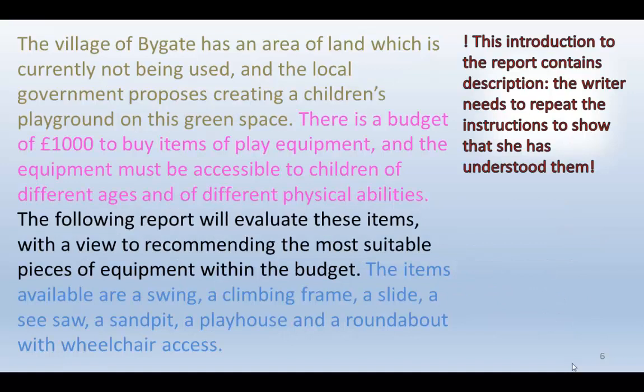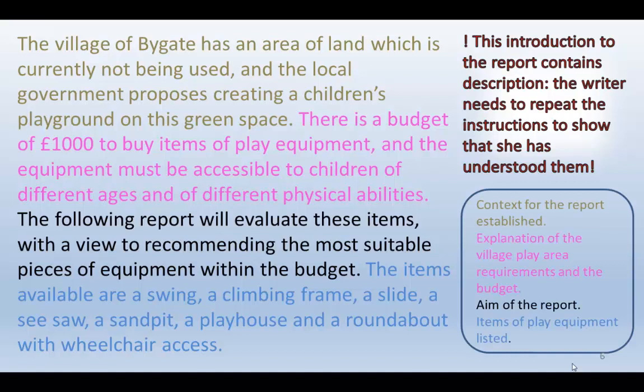Now, of necessity, the introduction to this report contains some description. The writer needs to repeat the instructions that they've been given to show that she's understood what she has to do. But have a look at this introduction. First of all, we've got the context for the report, that's in grey.